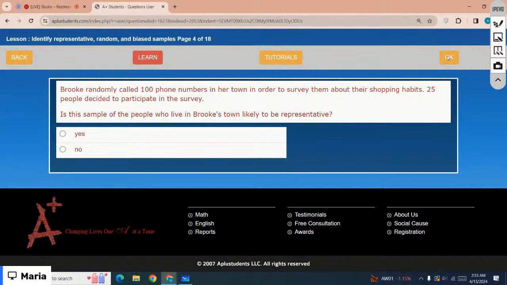No, because a representative sample means the people chosen accurately reflect the group as a whole, right? So that means no, because the people who decided to participate might not be similar to the people who did not. That is a biased sample, not a representative one. The correct option is no.